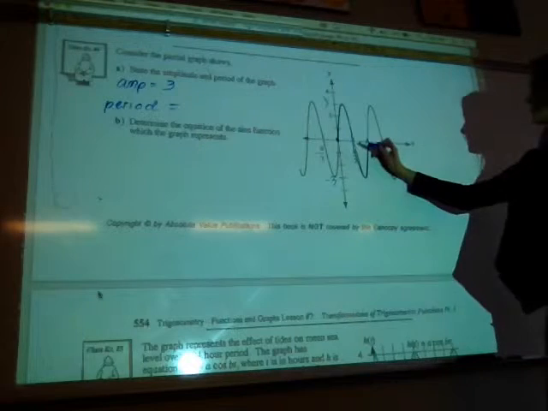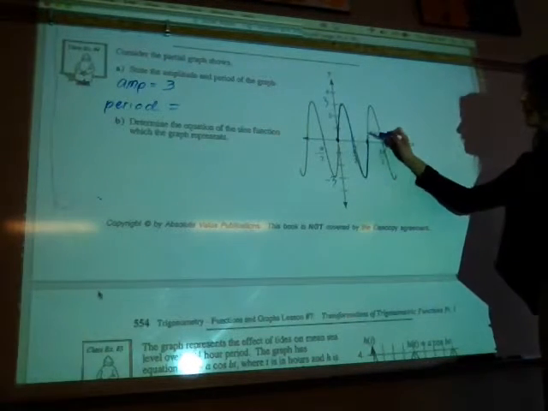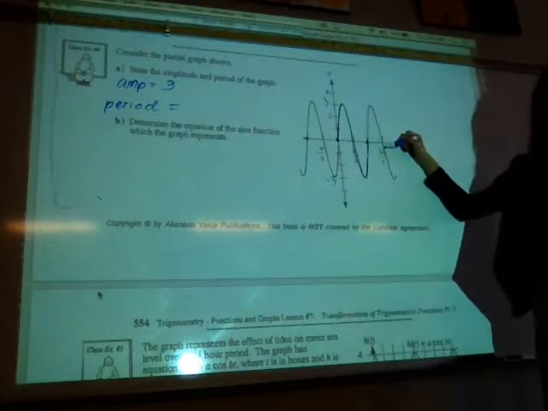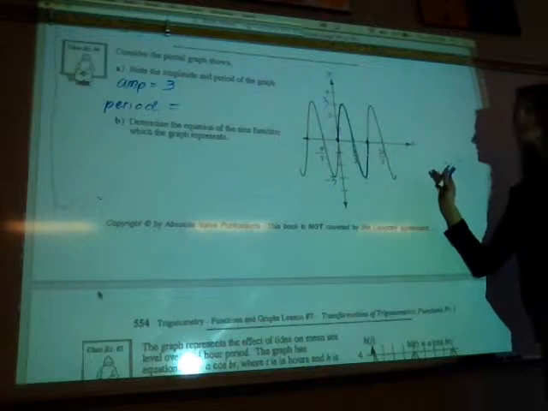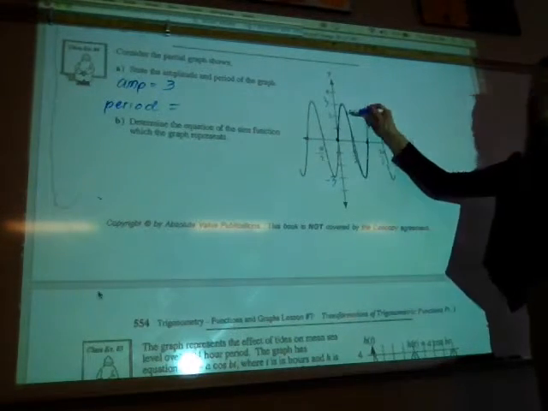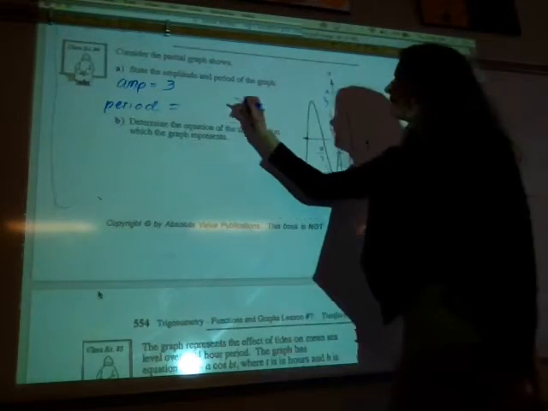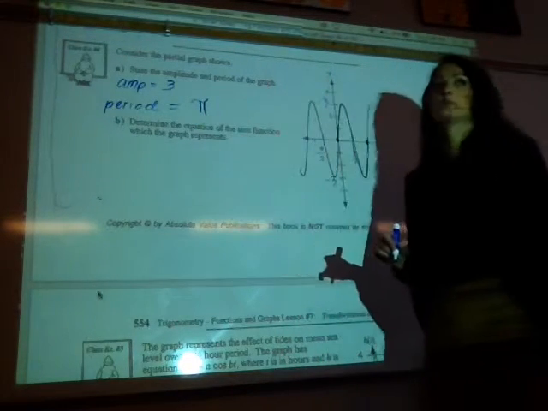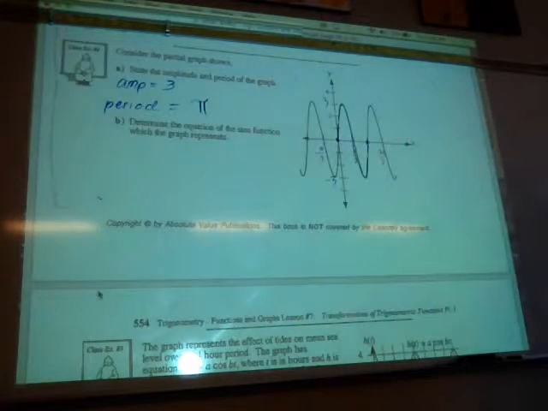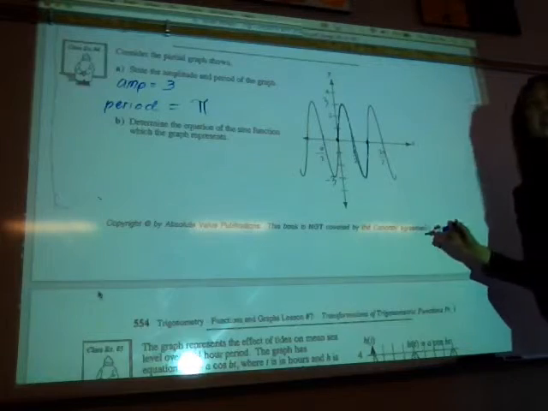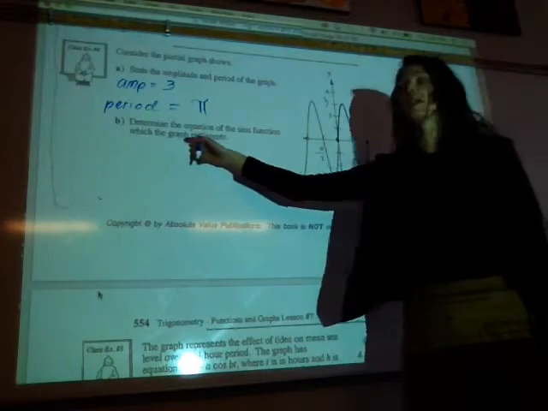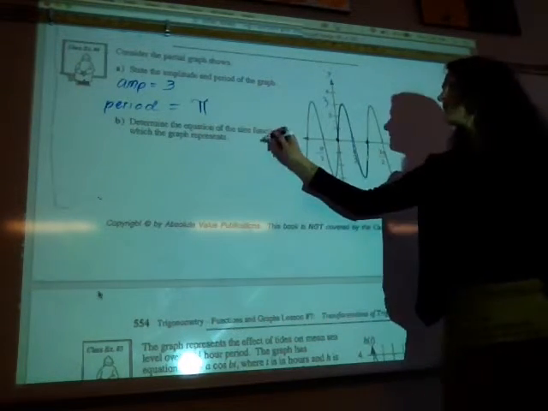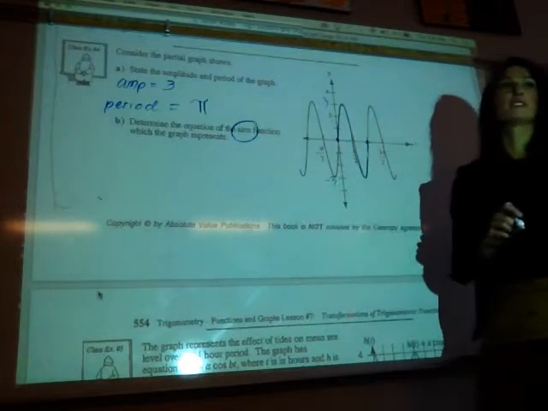And if we count, this is going by a scale of 90, 180, 270. So it's increasing by 90 degrees. So one period would be pi. And another hint for how we know it's sine: if you read the question, sometimes it can give you hints. Determine the equation of the sine function.